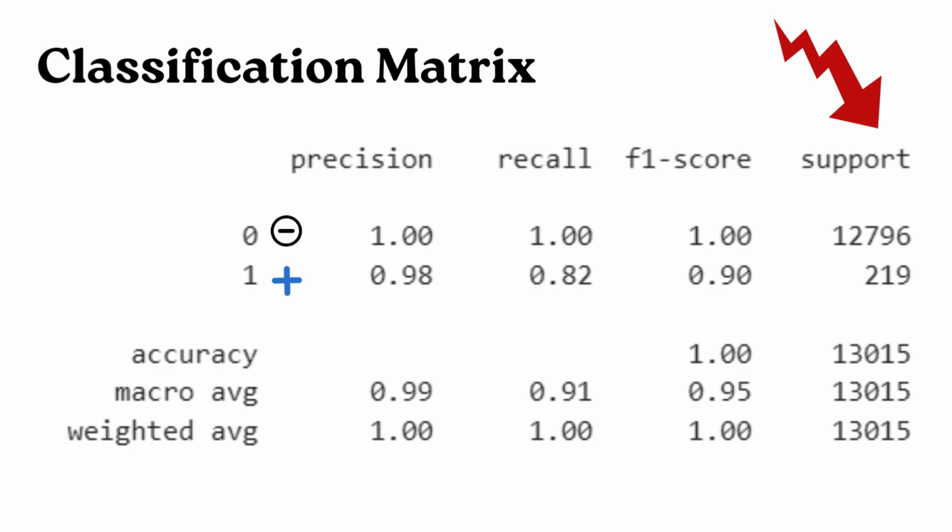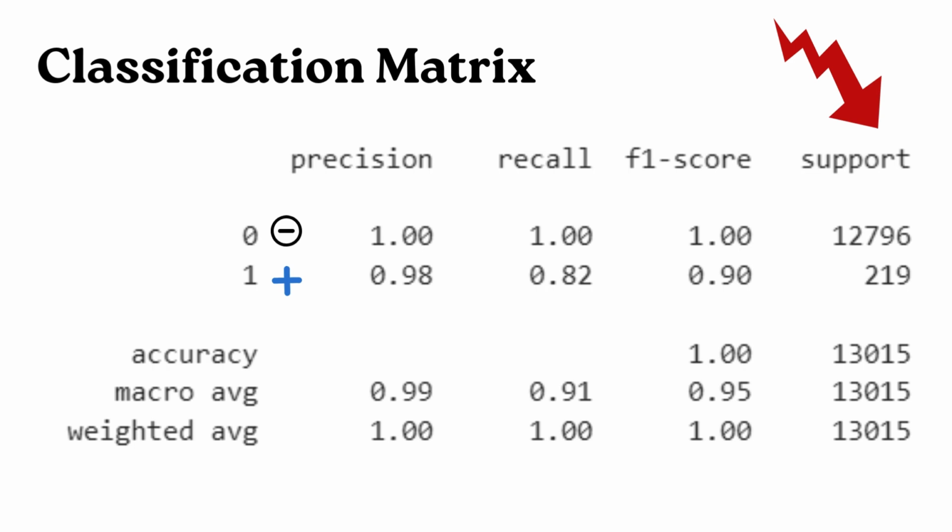And the third row provides you the accuracy value. If you recall how we calculate accuracy, it doesn't have a positive or negative version. Accuracy is all the correct predictions divided by the number of samples, so you only have one value. And you can see the accuracy is very high, 1.